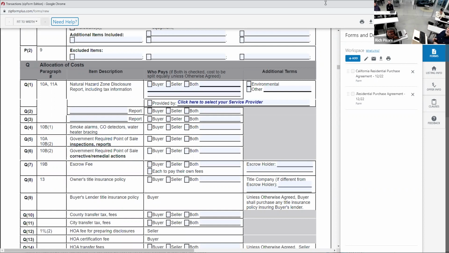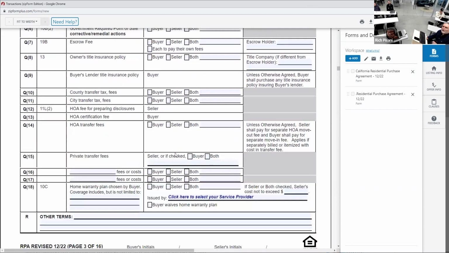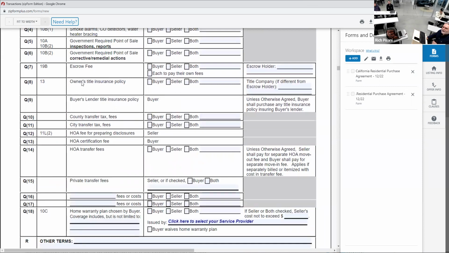Somebody ends up paying more. So buyer pays your fees, seller pays yours. Title insurance usually goes to the seller. County transfer tax, city transfer tax, all negotiable, but historically the seller has paid for those.